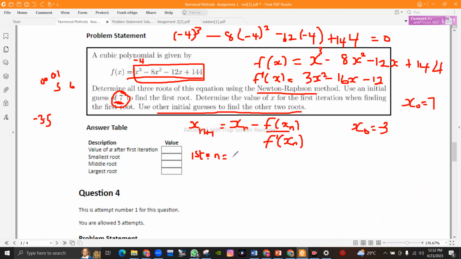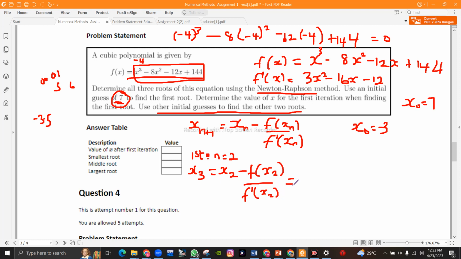When n is 2, you're going to have x3 to be equal to x2 minus f of x2 divided by f prime of x2. What's our x2?